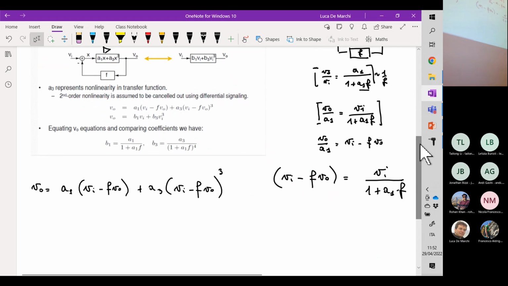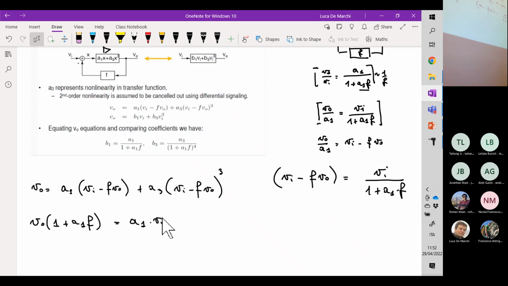V out, which multiplies 1 plus A1 times F, is equal to A1 times Vi, because we moved part of this term to the left-hand side, plus the effect of A3 times Vi minus F V out to the third power.